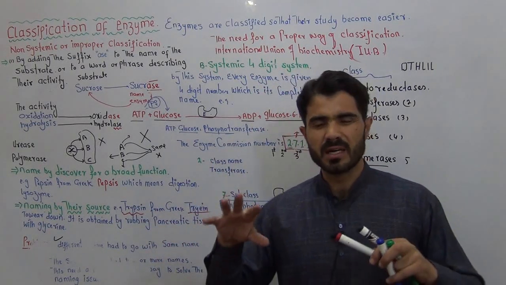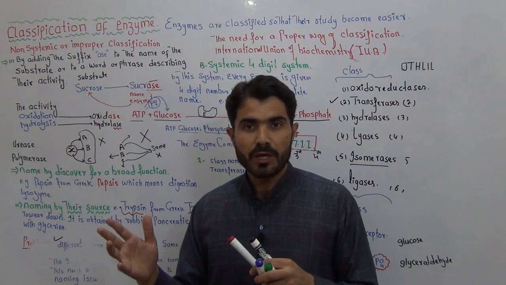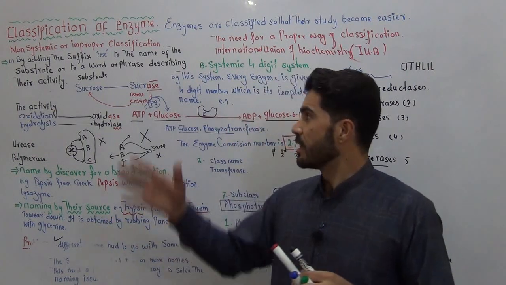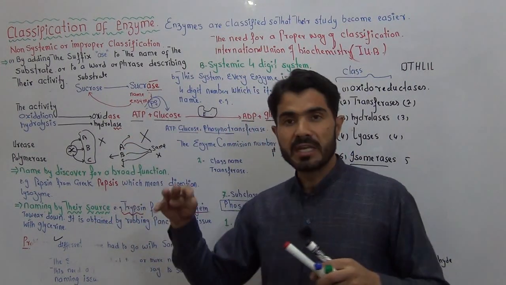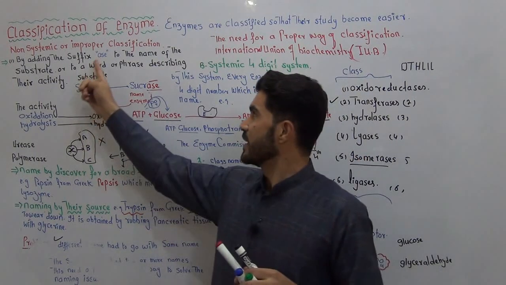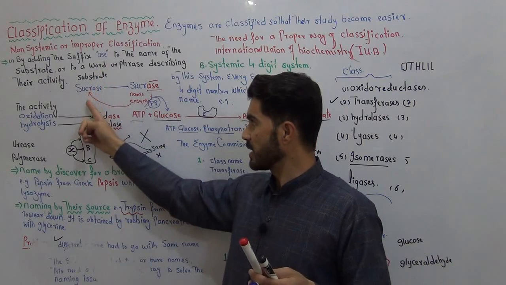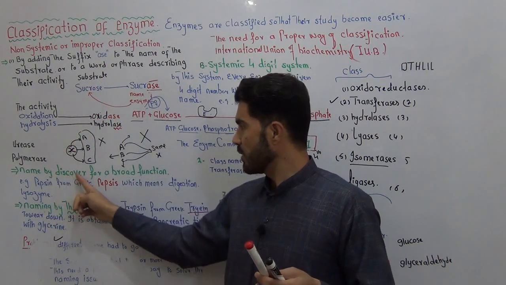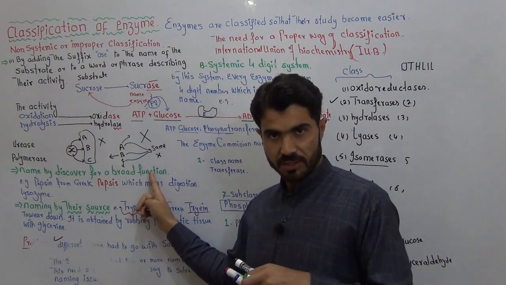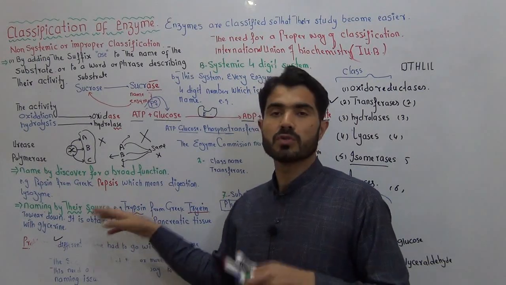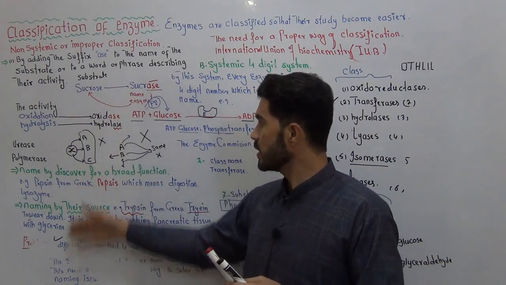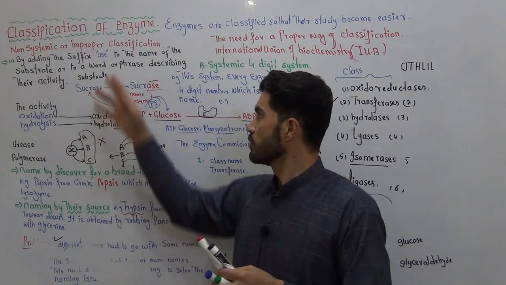Number 1 is the old way. In the old way, enzymes were given names in 3 ways: by adding the suffix -ase to the substrate or the activity, by giving the name according to the broad function, and by giving the name according to the source. By these 3 ways we can give a name to the enzyme.